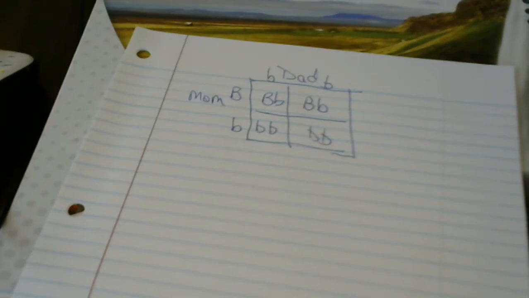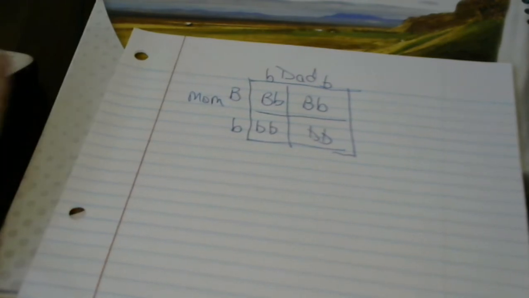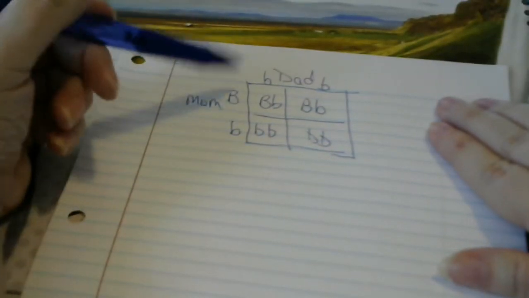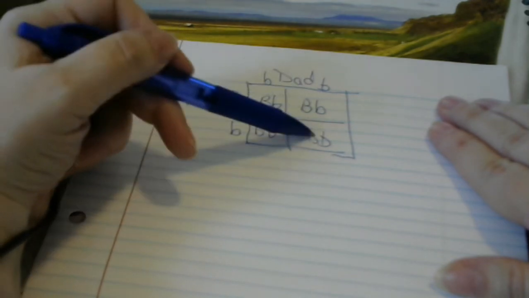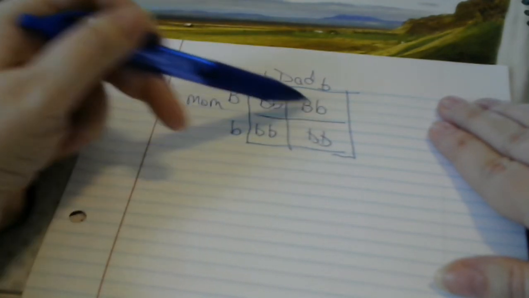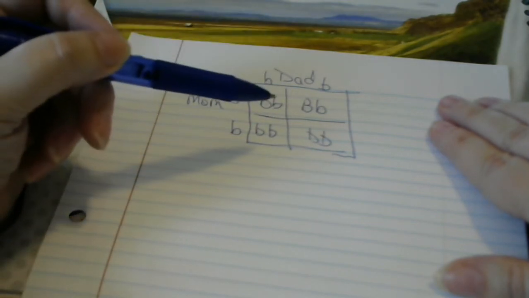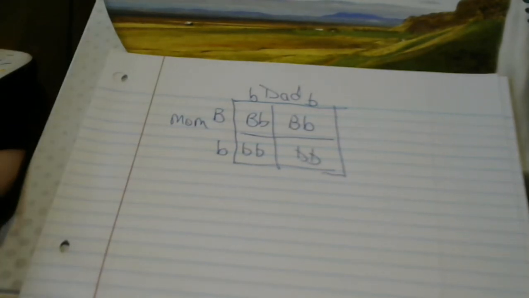So go ahead and do that. Percentages is just if you have, this is 25, 25, 25, 25. So if you have half of them, that's going to be 50%. If you're having trouble with that part, just let me know and we'll go back through it.